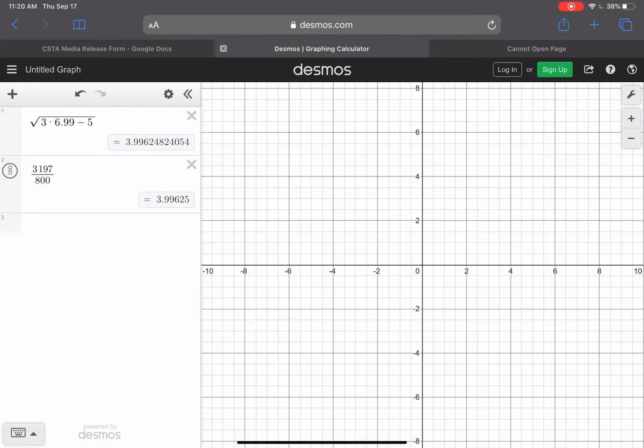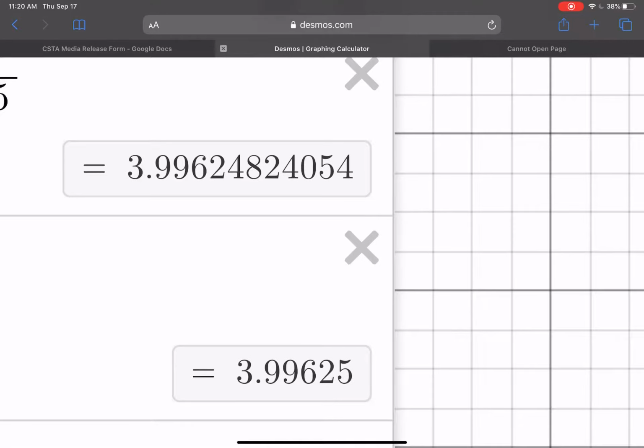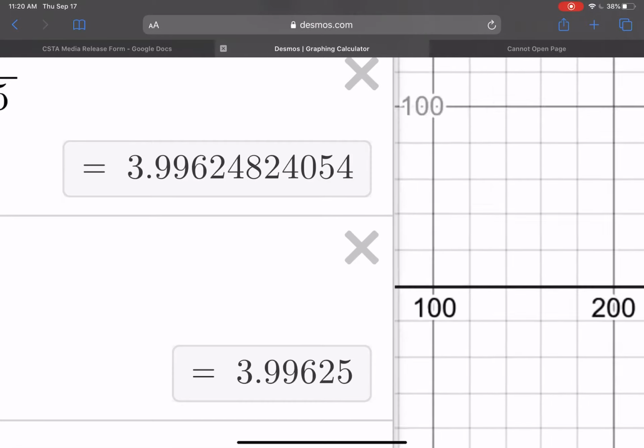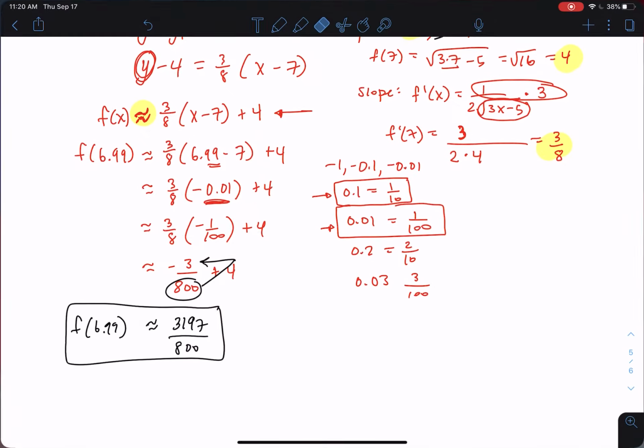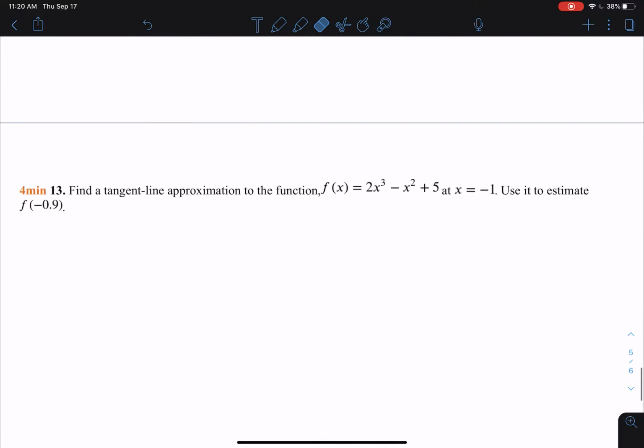But if you round up that 8, that turns this 4 into a 5, and we're close to 4 decimal places, you guys. It's pretty amazing what we were able to do here. So that's how the tangent line approximation works. It's pretty magical, very clever.